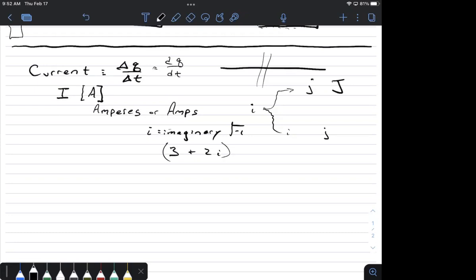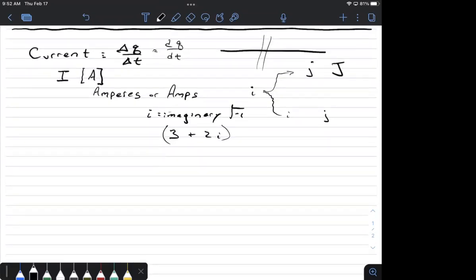So there will be complications like this or confusion in this course, but just know that over the years, if you start to study more and more about circuits, depending on who your professor is, are they an engineer or a physicist or a mathematician, they may use different symbols. And those symbols are used all over the place. But for us, capital I.